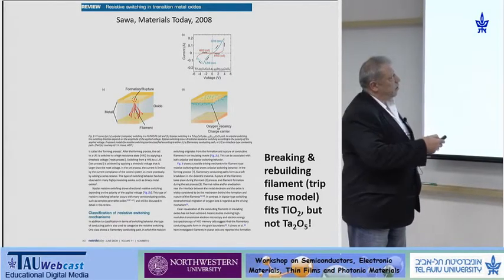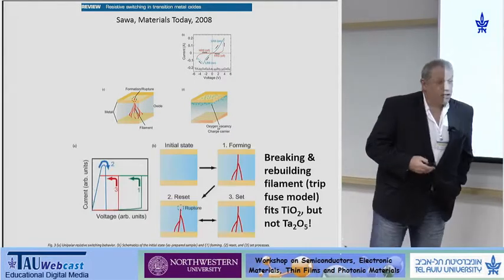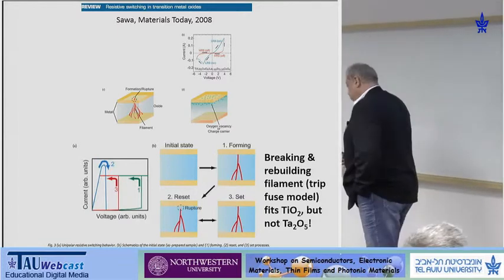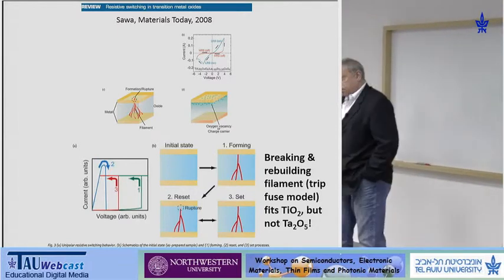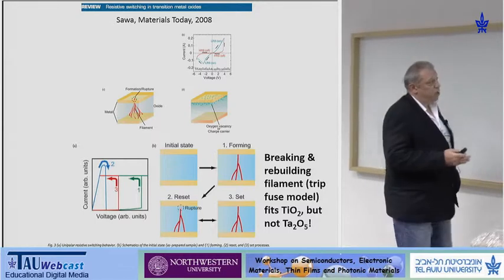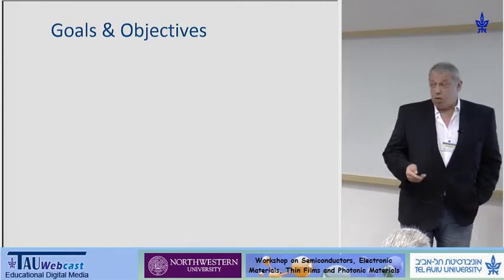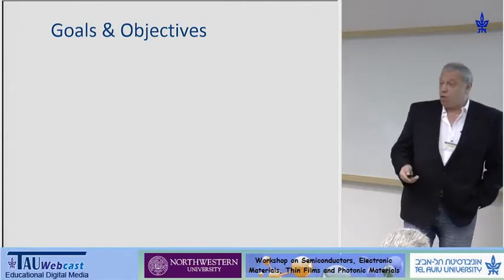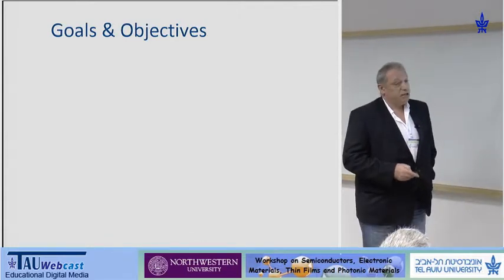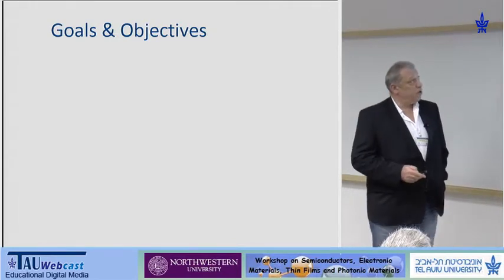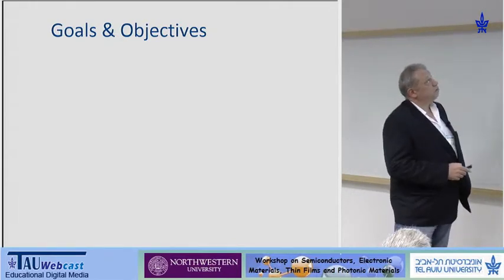This is characteristic of a titanium oxide, this sort of switching. So modulation of the gap between the channel and the electrode. However, as I will show you, in other systems, such as tantalum oxide, which is a better one, it's a completely different formation, mode of conduction.